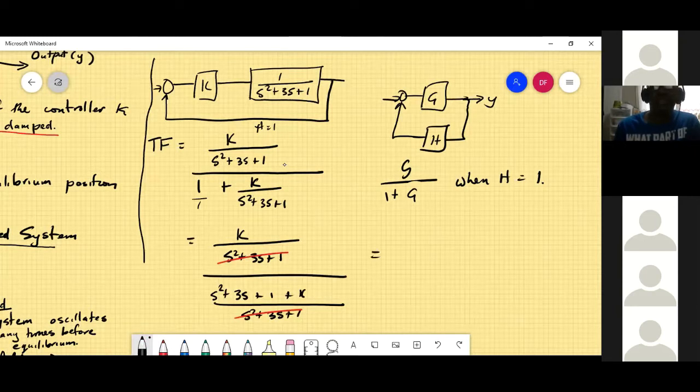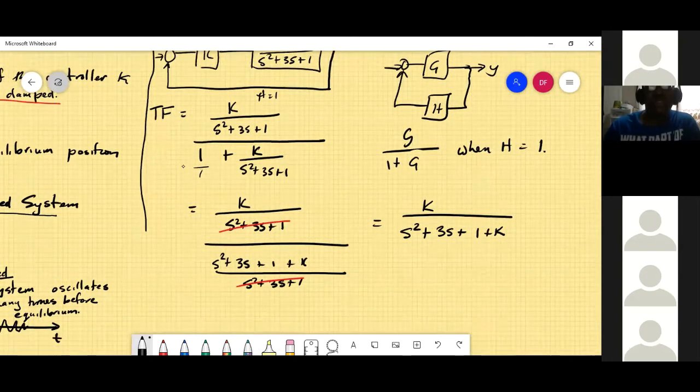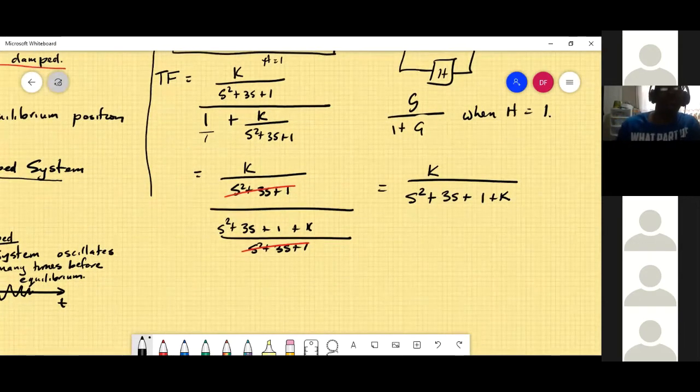So it's equal to K over S squared plus 3S plus 1 plus K. So that's the transfer function of our system. And what we are going to do is compare it with the denominators.